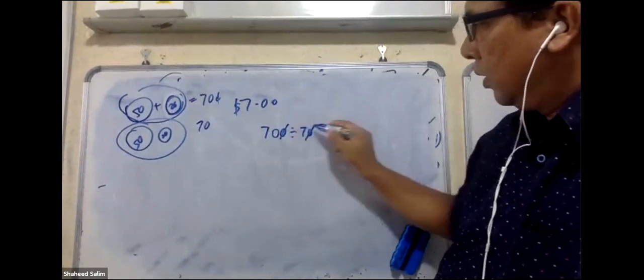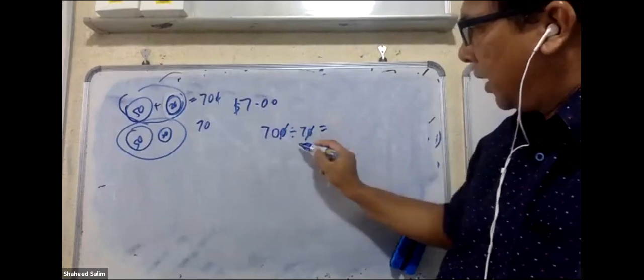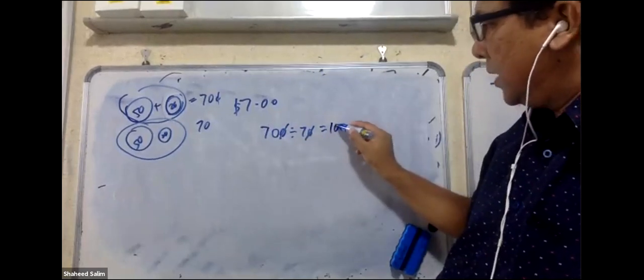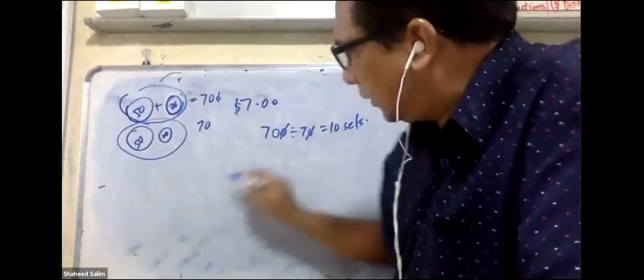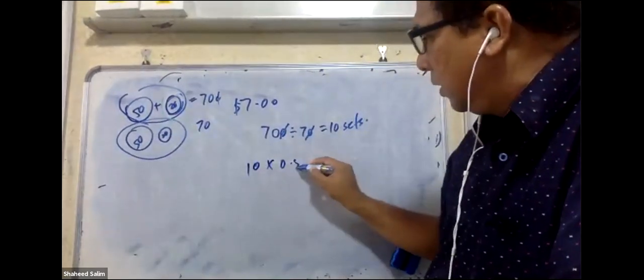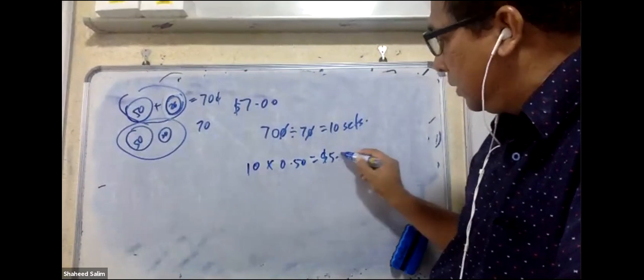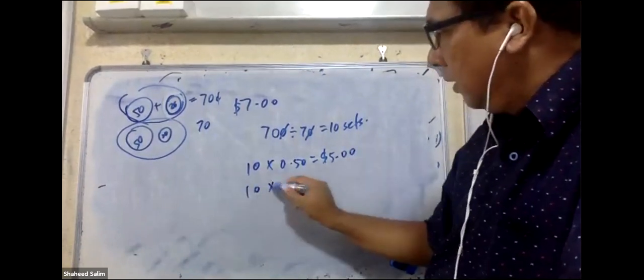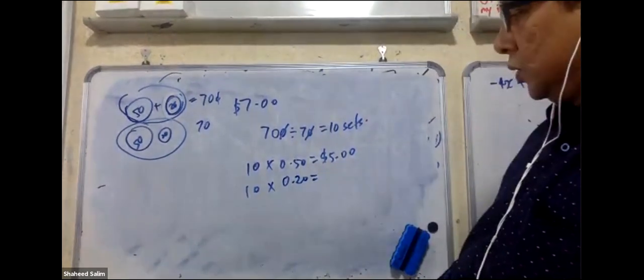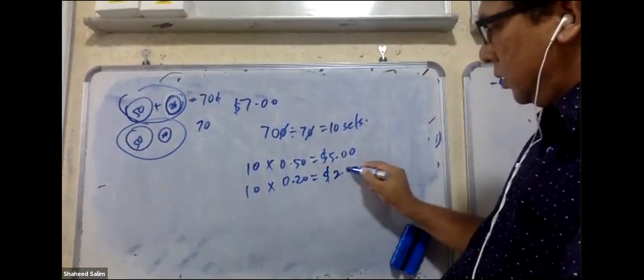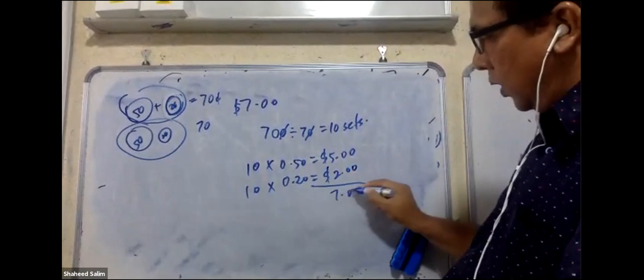What do you get? 700 divided by 70 is 10 sets. So there will be 10 50-cent coins, equals to $5. And another 10 20-cent coins, which is equals to $2. Can you see they add up to $7?